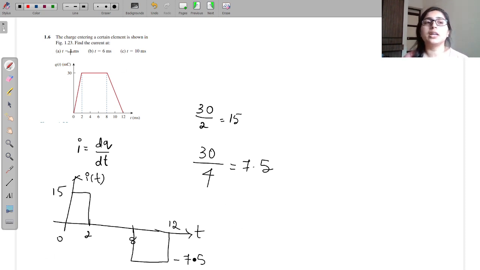So now find out the current at t is equal to 1 millisecond. This is 1 millisecond, right? This is the current, that is 15.